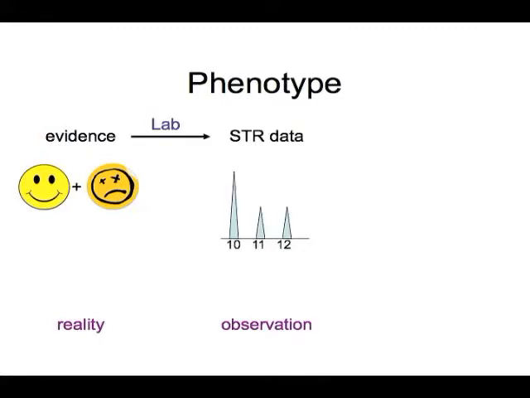So we go to a laboratory, and I'm going to sum up everything that you do in the word LAB, lab, and the lab produces STR data. Okay, and that's the starting point for any interpretation, whether it's by computer or by eye, is the electronic STR data, printouts thereof. And what we now have in that data is an observation.